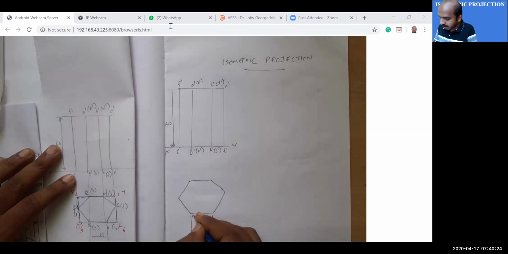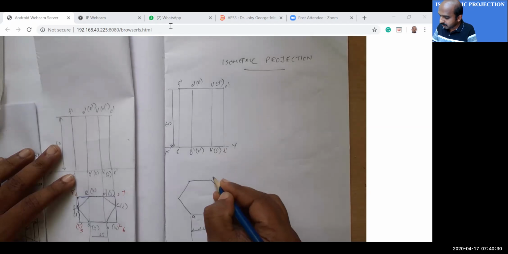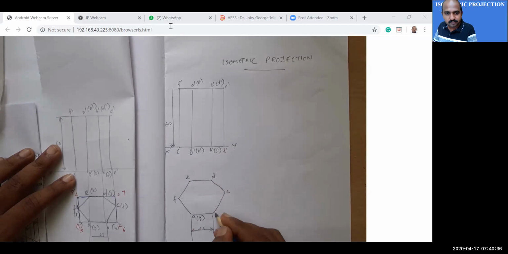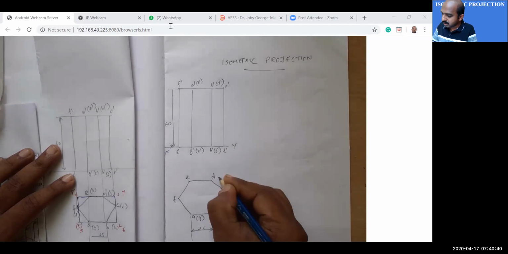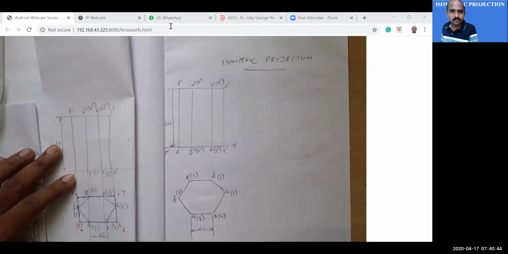This is your A, B, then C, D, E, and F. Then at the bottom G, H, I, J, K, L.